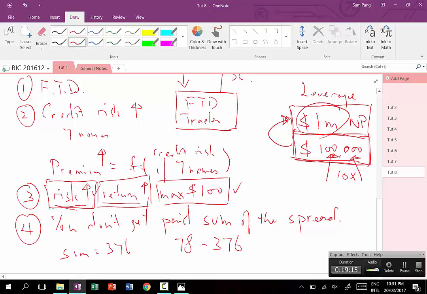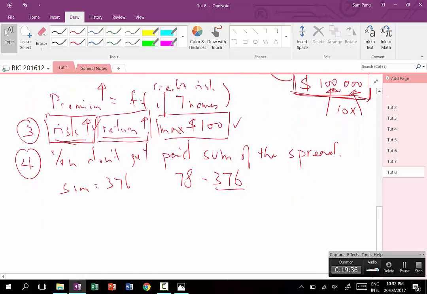Now, if it's lower than 78, somebody's going to say, why should I even bother taking the risk on 7 companies? I just take the risk on Goldman Sachs. Already I get 78. So you can't do that. And I already told you, you shouldn't be paid 376 either, because you are not risking $700. You're just risking $100. So it has to be somewhere in between, and that is the point about question 1.